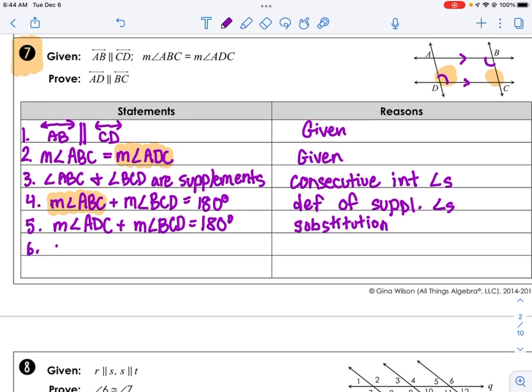So let's go ahead and write down the fact that that has shown us that angle ADC and angle BCD are supplements, because that's what the definition of supplementary angles is.